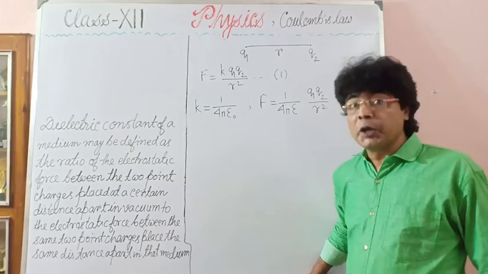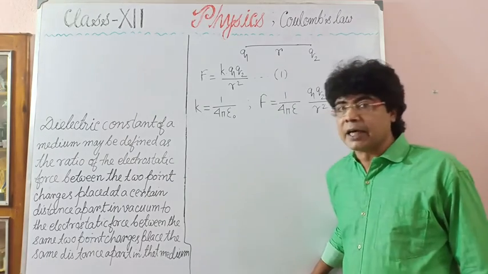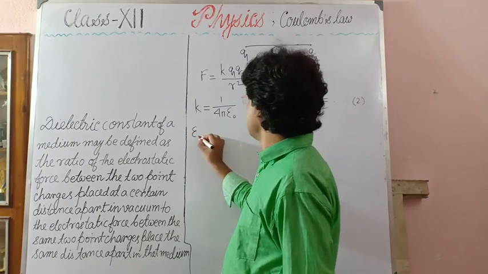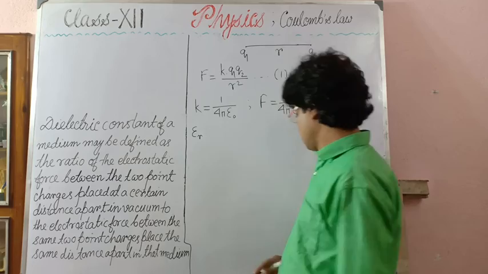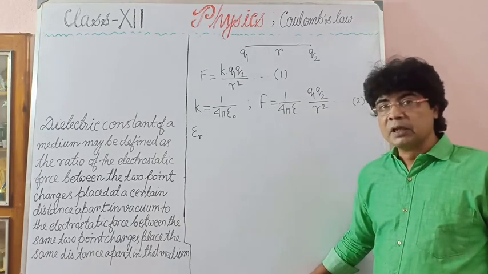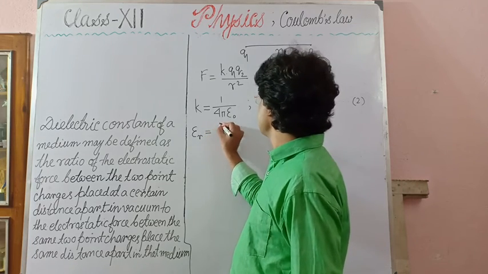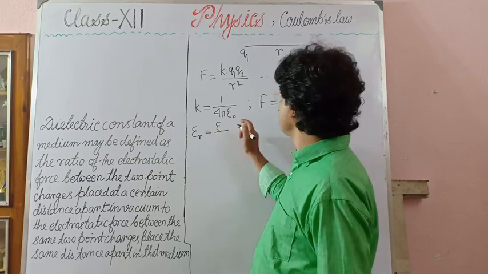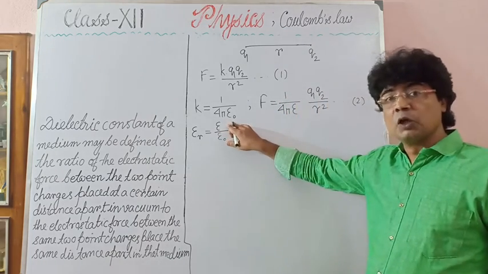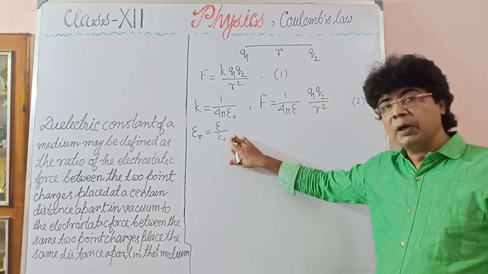Now we introduce a term, relative permittivity of the medium, which is denoted by epsilon r. The relative permittivity of a medium is defined as the ratio of absolute permittivity of that medium to the absolute permittivity of free space.